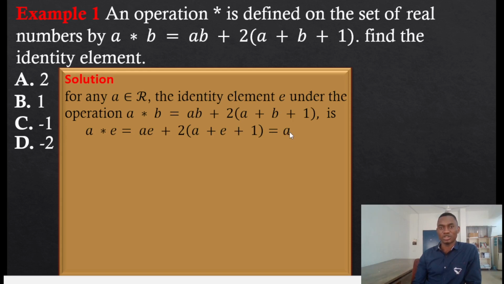Because in our definition, it is A star E equals A. So we always return A. It means the identity element E acts on A to return A. Is that clear? All right. So we proceed. We're going to solve AE plus 2 into A plus E plus 1 equals A.